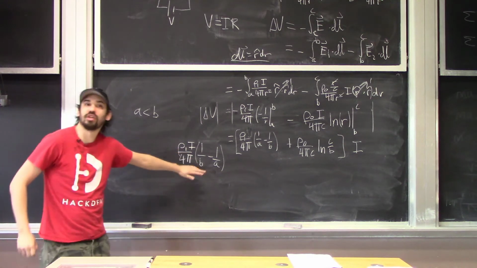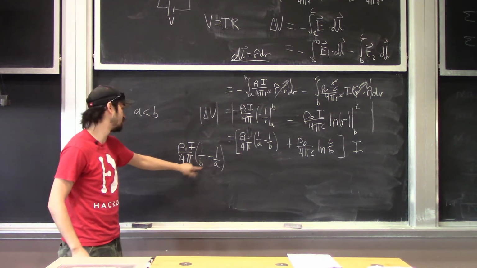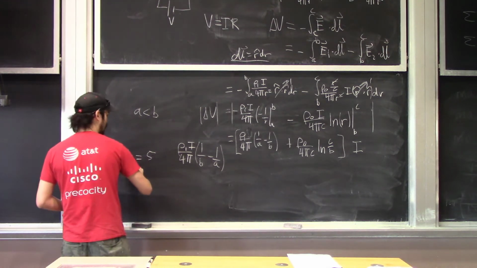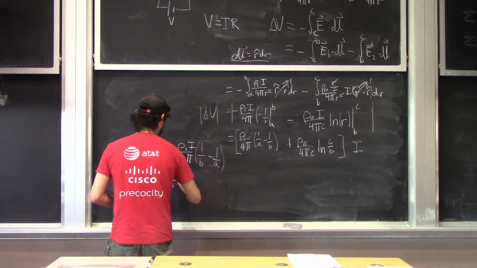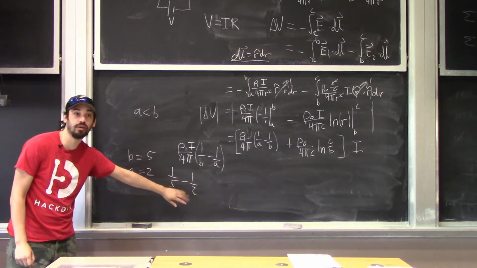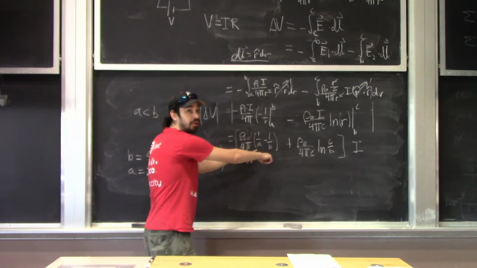So let's plug some numbers in here to see why I would want to reverse this in order to make it positive in the end. Let's say that b is 5 and a is 2. So if I do 1 over 5 minus 1 over 2, a fifth is smaller than a half, right? So this would give me something negative, which is why when I wrote it here, I reversed them.